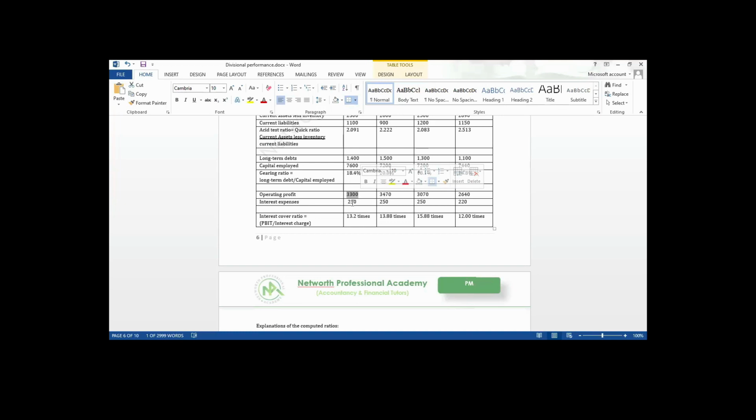The operating profit is supposed to be 3,970. Don't mind this consistent copy from one side. But will it change the answer? Yes, the answer is correct now. 15.888 is correct.